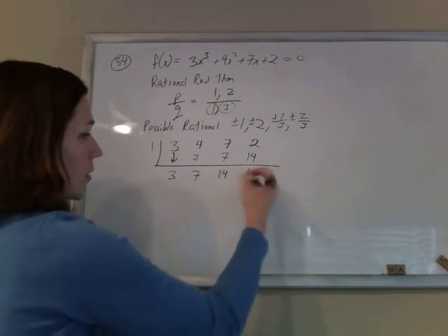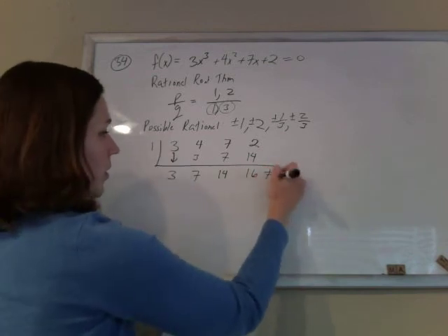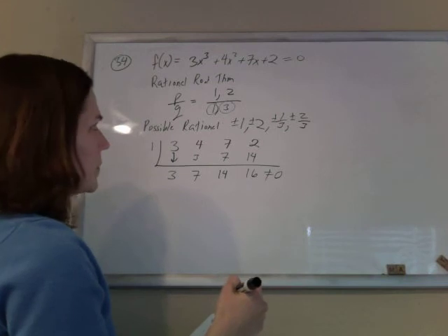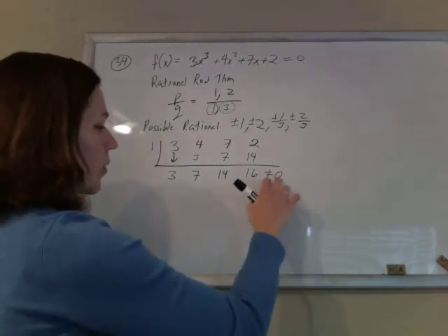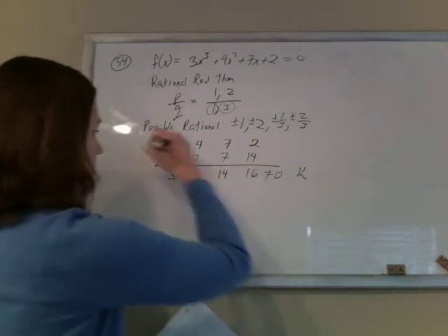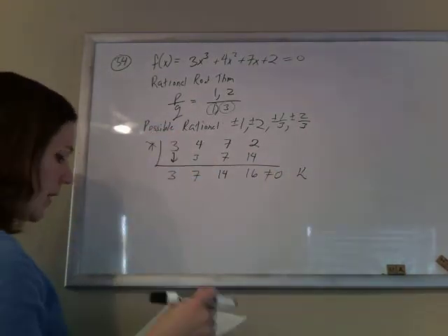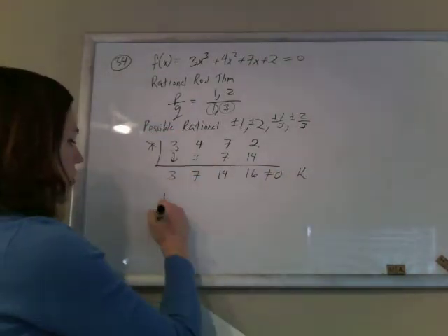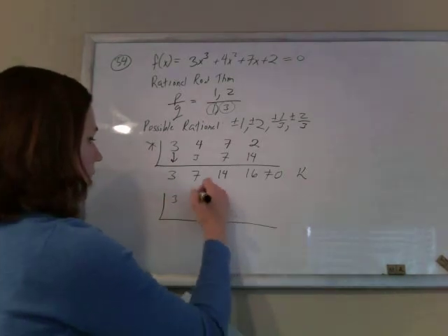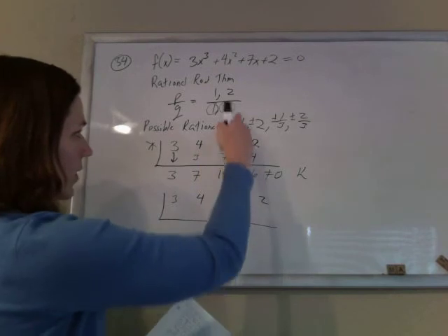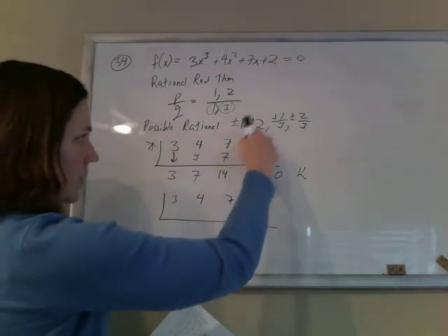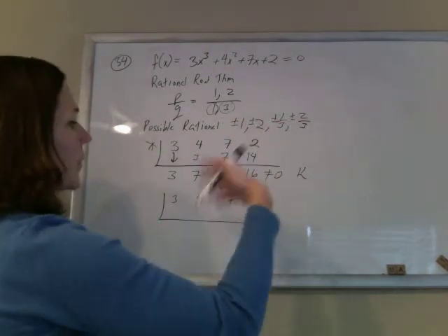If this were a root, then this would have been 0 by the factor theorem. So because this doesn't equal 0, 1 is not a root, we try again. Usually I try 1 and then -1 and then 2 and then -2 and then 1/3 and then -1/3 and so on.